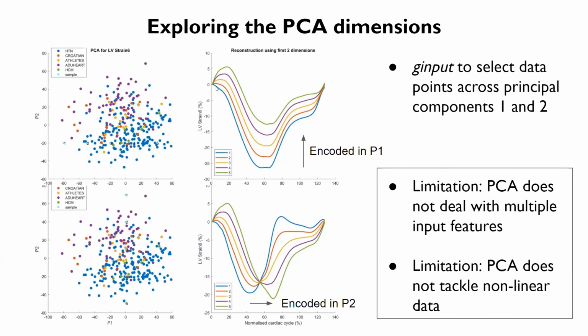And then we explored the data space using the ginput function in MATLAB. So we selected points along the horizontal axis, and you can see from the reconstructions in 2 dimensions that one of the main differences across PC1 is the decrease in amplitude.